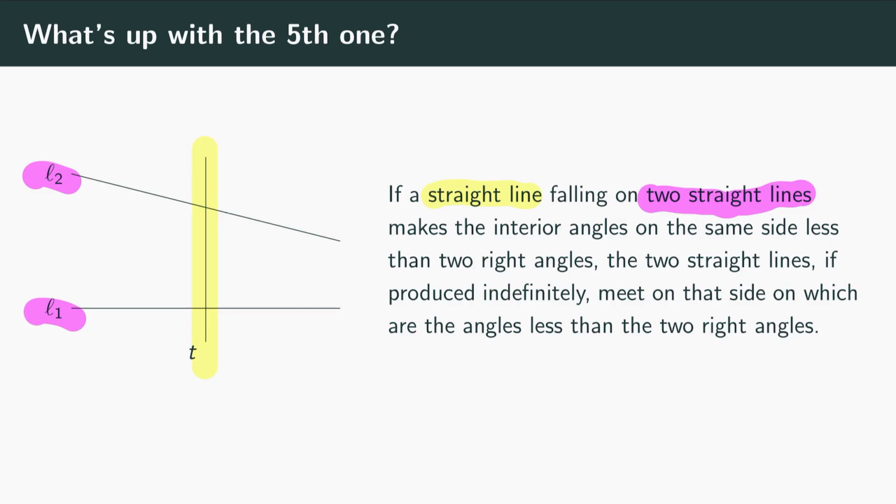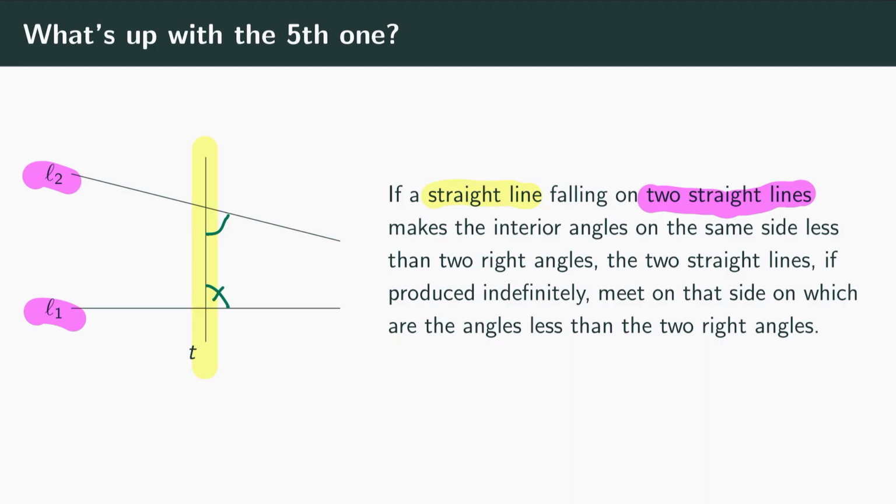And we're interested in the angles. So we make the interior angles on the same side less than two right angles. Euclid in his geometry didn't have this notion of degree, so we need to talk about 180 degrees as being two right angles. That means this angle together with that angle.